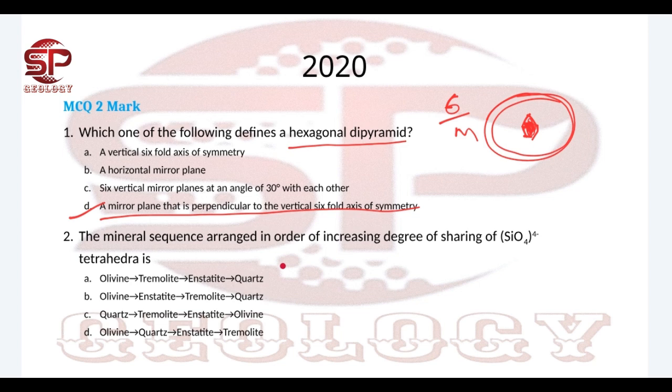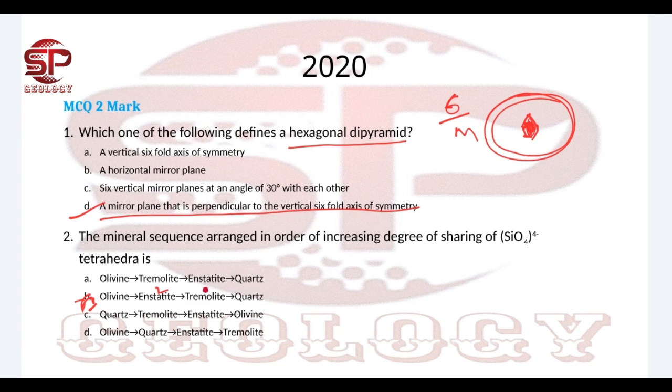The mineral sequence arranged in order of increasing degree of sharing of SiO4 tetrahedra. The question repeats again, but this time instead of the silicate structure, examples are given. So same, we have to follow. Nesosilicate, that is olivine here. So 0 sharing. Then enstatite, it is orthopyroxene, belongs to single chain, so it will share 2.